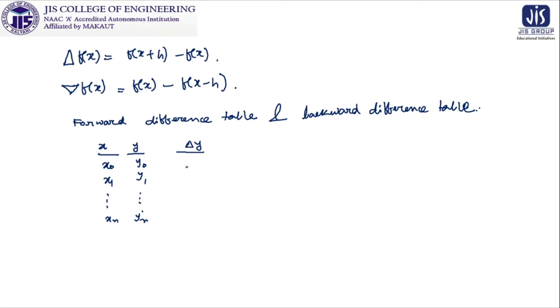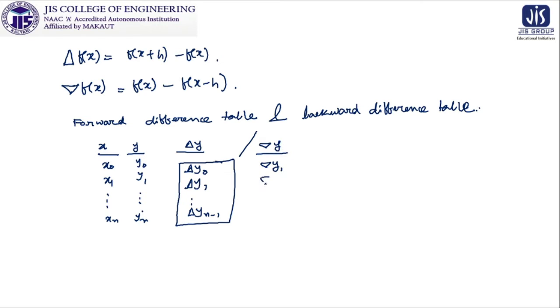In case of the forward difference operator, the first one is denoted del y0, then del y1, and it will go up to del y n minus 1. The same information, only in the notation of the backward difference operator, was denoted as del y1, del y2 and so on, up to yn.